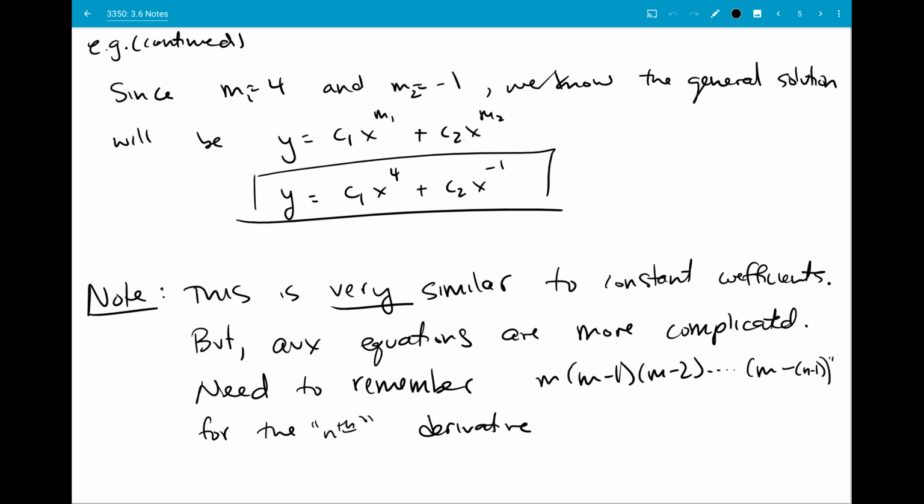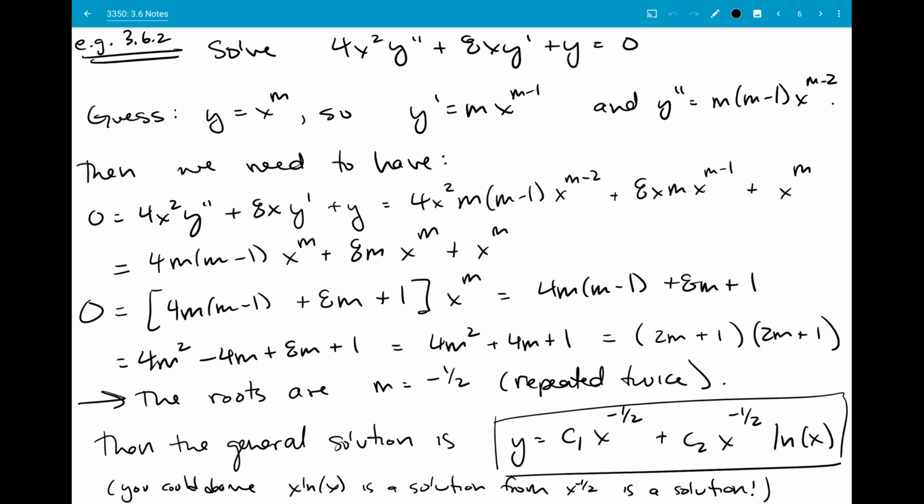But if you had repeated roots and you were sitting there and you said, I only found x to the minus a half, what do I do? Our first section in this chapter, reduction of order, would have taught you that if you assume y2 is x to the minus a half times some unknown u, that unknown u would actually be natural log x. So reduction of order is actually how we know that that second solution works.